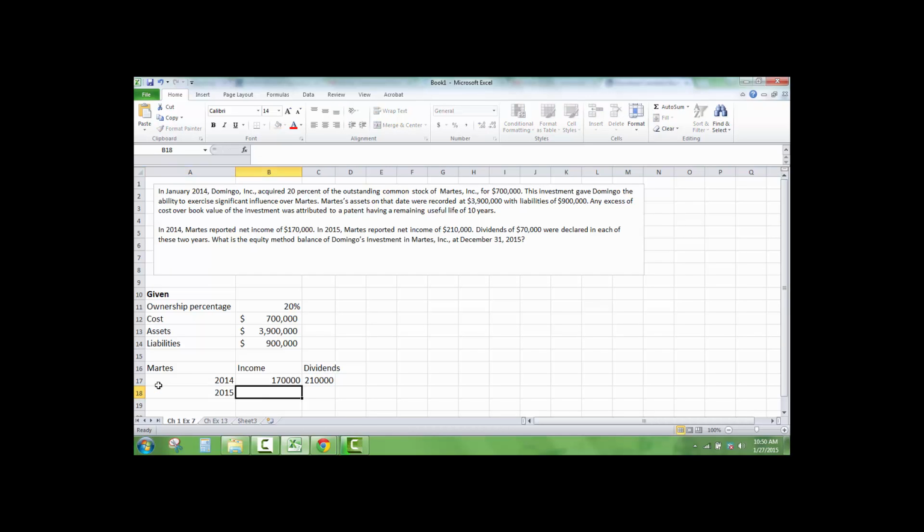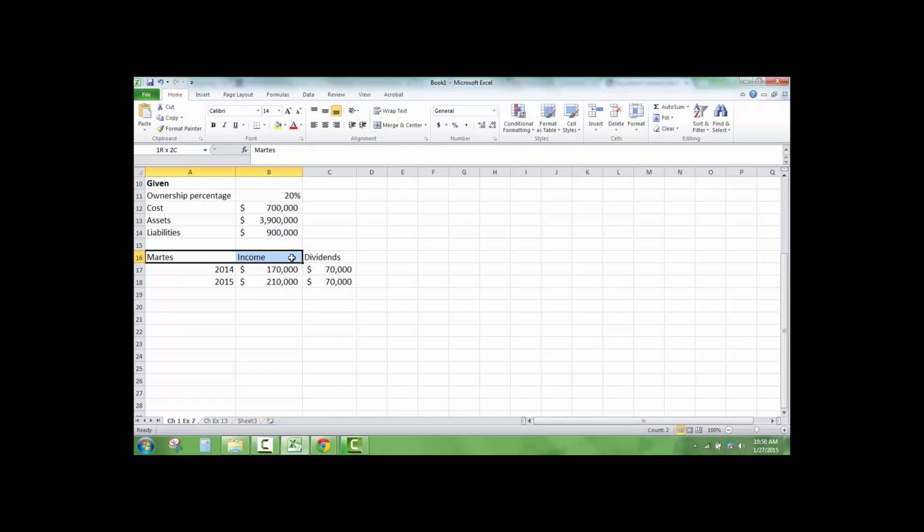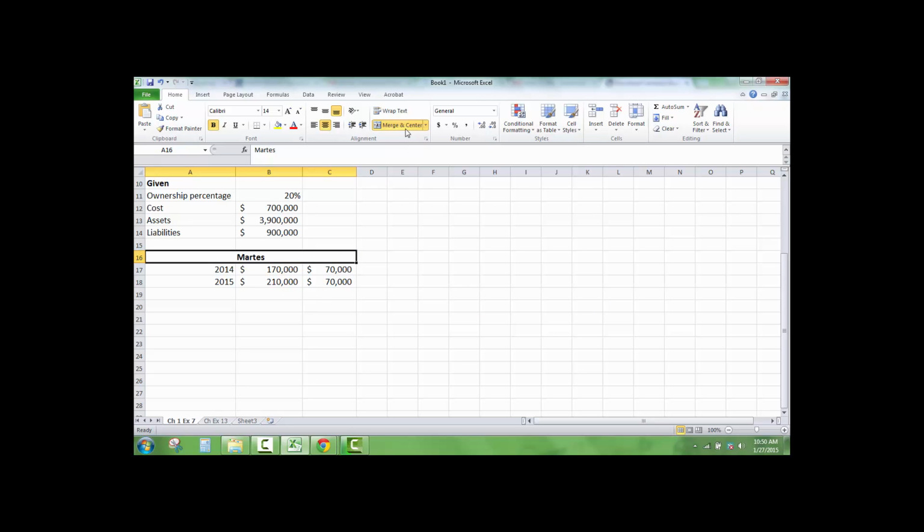In 2015, they had income of $210,000, and then they had dividends of $70,000. Okay, so now what I've done is I've put down in Excel the given information.